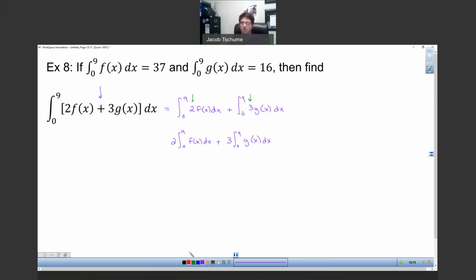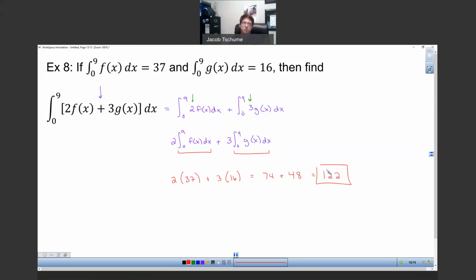And now if you look above at the values, I gave you this value and I gave you this value. Now going forward, I'm going to make you find those values on your own. But at this point, once you find the integral values, you can plug them in. So this would be 2 times 37 plus 3 times 16, which comes out to be 74 plus 48, which adds up to be 122 units.